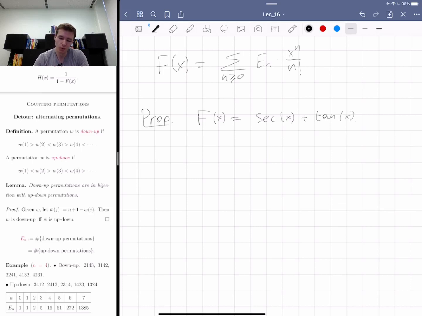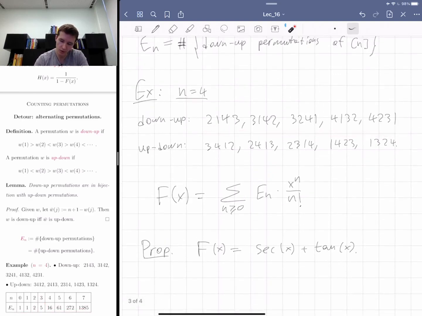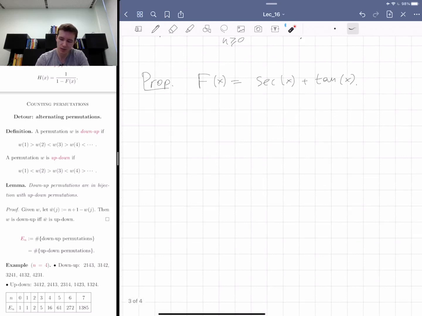You can go to Wolfram Alpha and check that indeed the Taylor series gives you the sequence of numbers I gave you in this table. So the 5 here is the five down-up or up-down permutations. When I first learned this, I was super impressed.